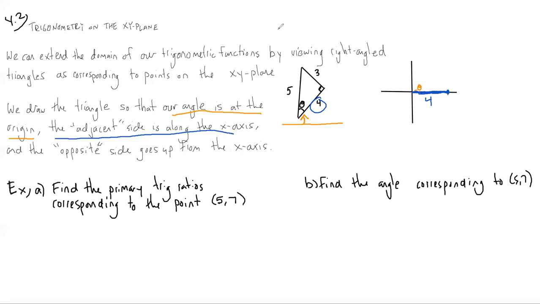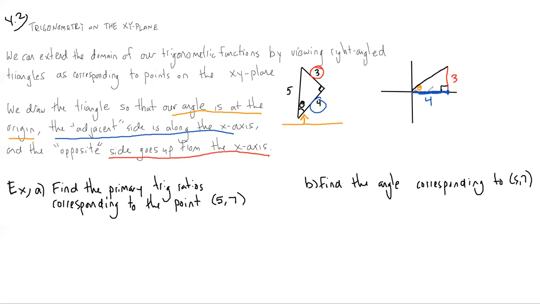Then the opposite side is going to go up from the x-axis, and in this triangle that opposite side is going to be 3, and that should complete your triangle. So the angle that we're interested in is made right at the origin.